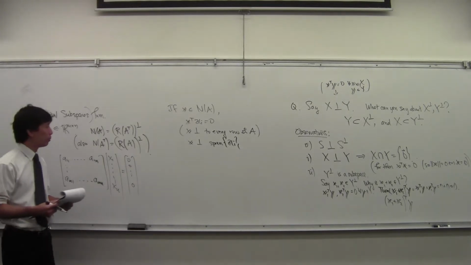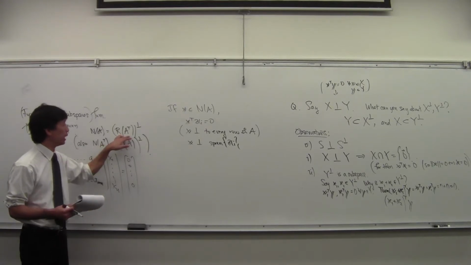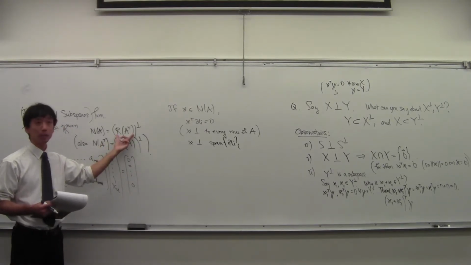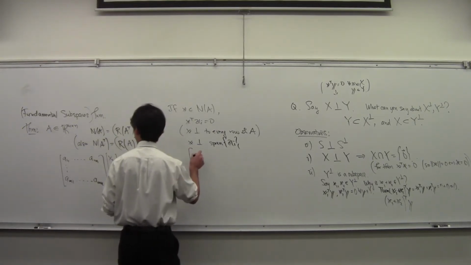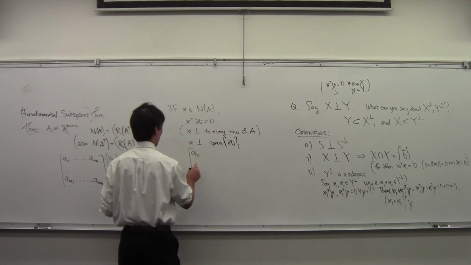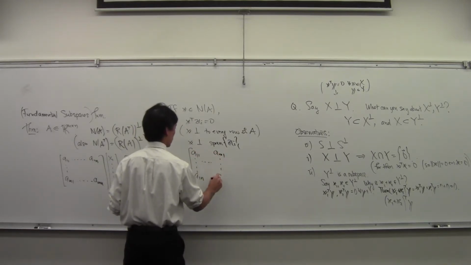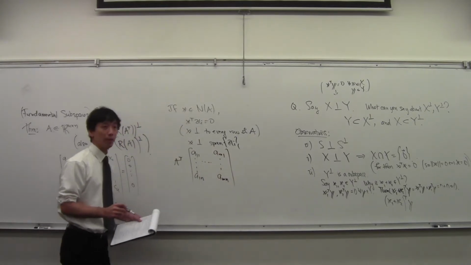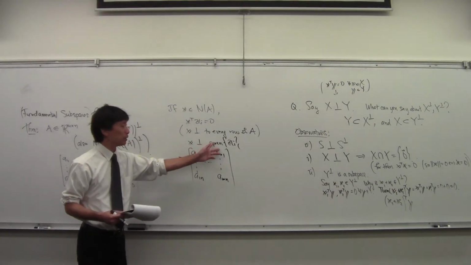Right. But that's the same thing as the range of A transpose, right? If this is A transpose, the range of A transpose is the span of these guys, which is the same thing as the span of the ai.